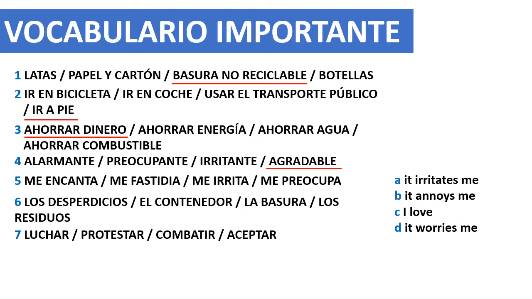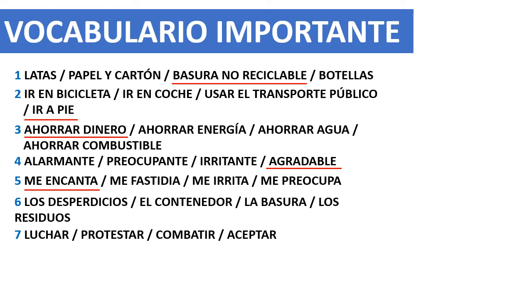Me irrita, you're going to work out is going to be irritates me. In number 4 we saw preoccupante, which was worrying, so that is going to be it worries me, me preocupa. Leaving me fastidia, as it annoys me. Again, odd one out is going to be the positive, me encanta, me fastidia, me irrita, me preocupa. They're all negative opinions. Number 6, 30 seconds, see if you can work out.